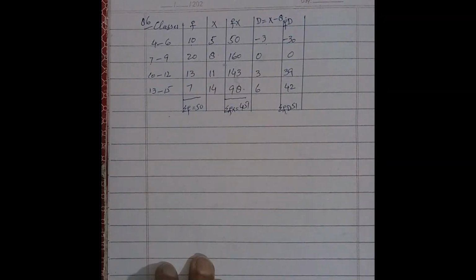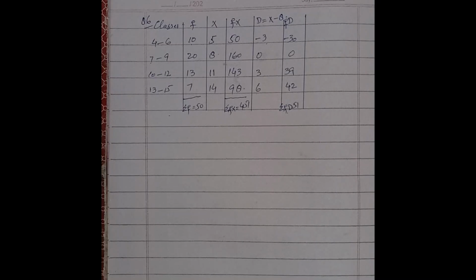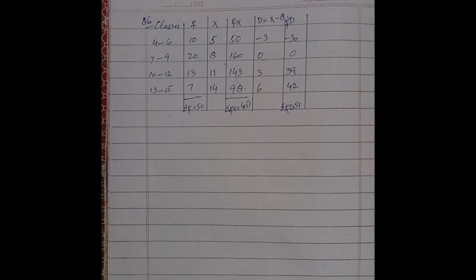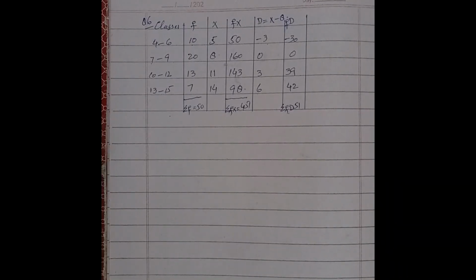This is the data for finding the mean by the direct and shortcut method, or we call it the indirect method, of the question, to find the average or mean age. And next we also find the geometric mean and harmonic mean.